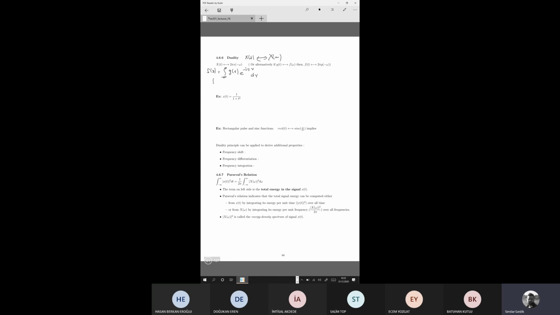So if I change variables, let's say u equals omega, v equals t, in that case I have f of omega on the left hand side, which is equal to the integral of g of t, instead of v I will put t, e to the power minus j omega t dt. So what does it tell you? It tells you that g of t and f of omega are Fourier transform pairs. Because this is actually the analysis equation.